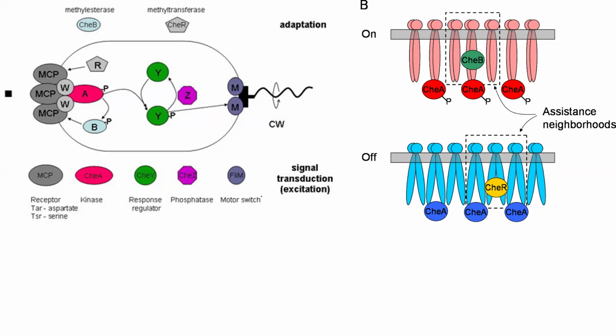And as I just mentioned, a lot of these are based on phosphorylation cascades, such as the kinase CheA, which phosphorylates CheY. This is the natural state in which CheY can then bind to FliM, and this leads to clockwise and tumbling motility inside of cells.